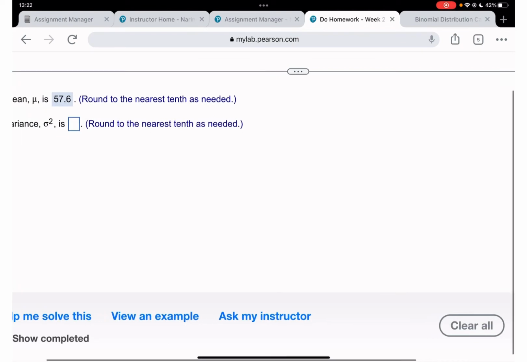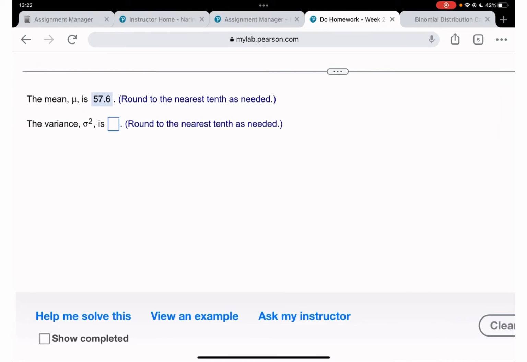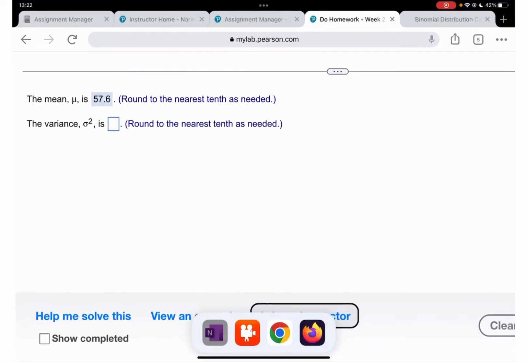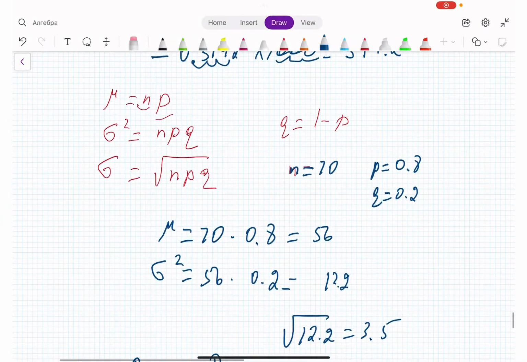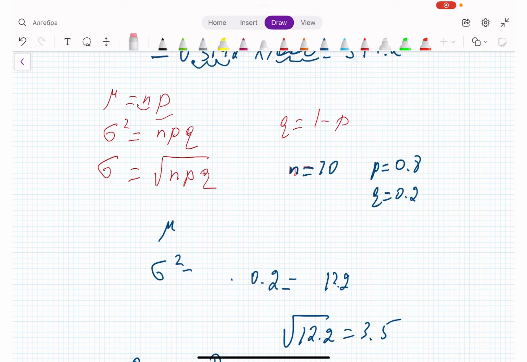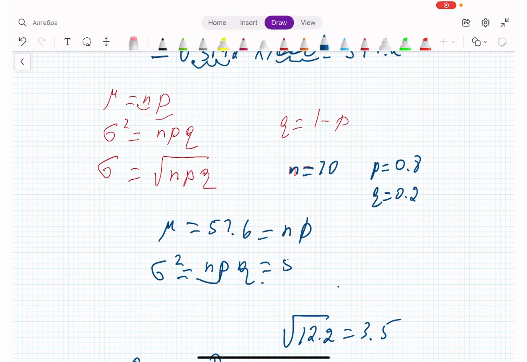Okay. Variance is going to be Npq. Mu is equal to Np, which is 57.6, N times P. Sigma squared is equal to Npq. So if Np is 57.6, and Q is... how much is our Q?